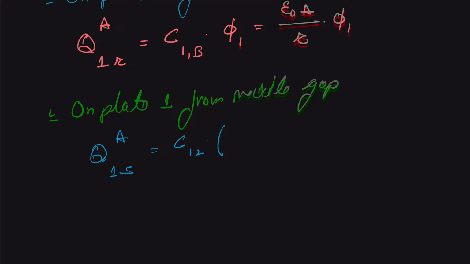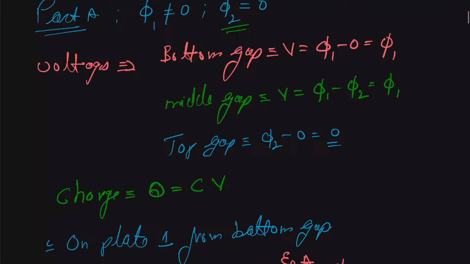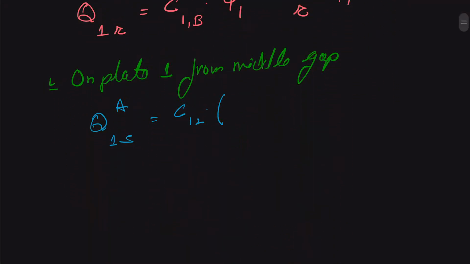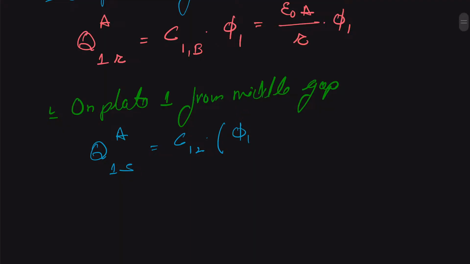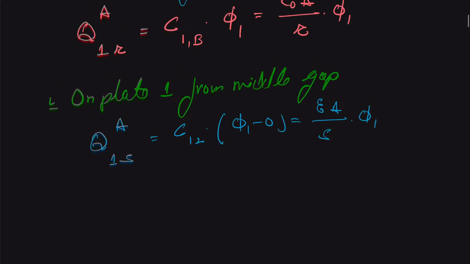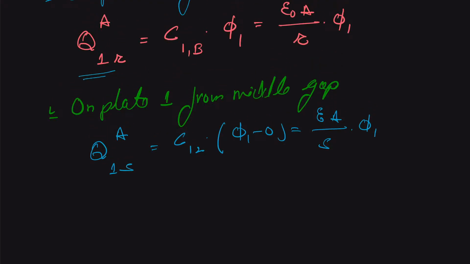And the voltage we know is our phi 1 minus 0, which we have already calculated. So we get this as epsilon naught A divided by S multiplied by our phi 1. So it means the total charge on plate 1 will be the combination of these two.